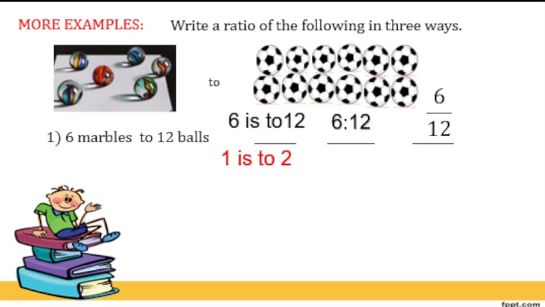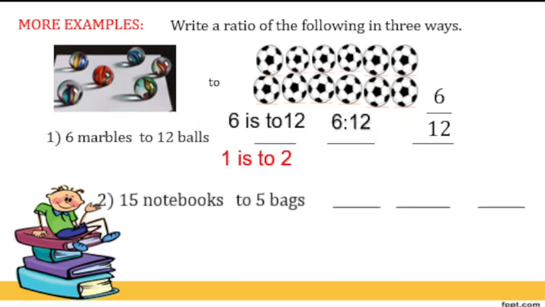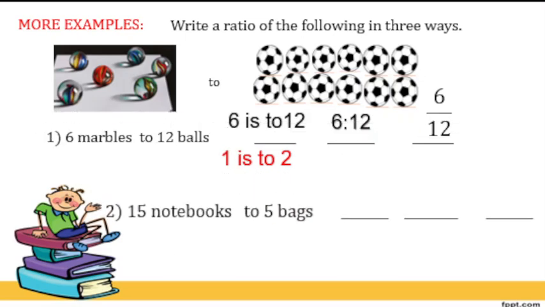Okay, next example. Let's say we have 15 notebooks to 5 bags. In word form, that is 15 is to 5, and in colon, that is 15:5, and in fraction, that is 15 over 5.